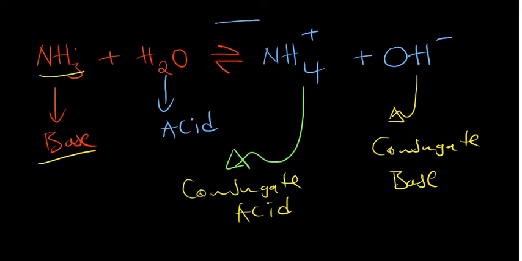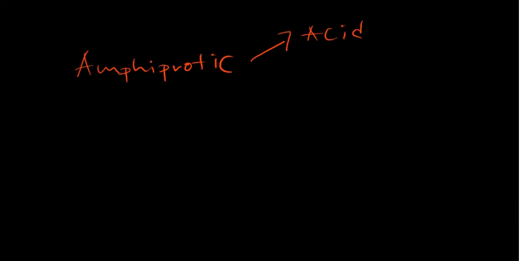So remember I've said water can act as both an acid as well as a base. So water is referred to as amphiprotic. It is referred to as amphiprotic because it is able to act as an acid as well as act as a base.